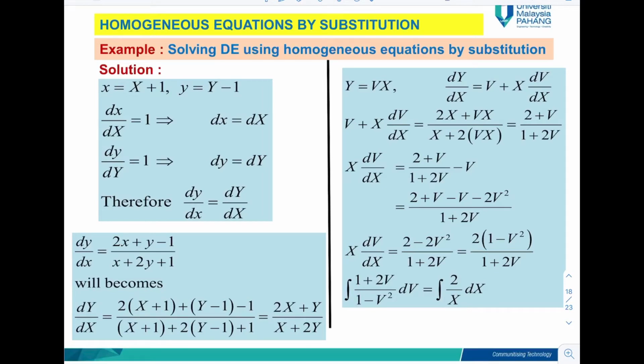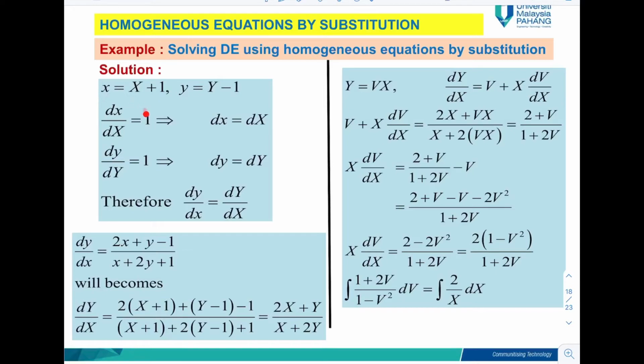So the substitution is given in the question. First thing is you have to replace all the small letters x and y with the capital letters X and Y. First you have to find dx, d capital X, which clearly equals 1, isn't it?